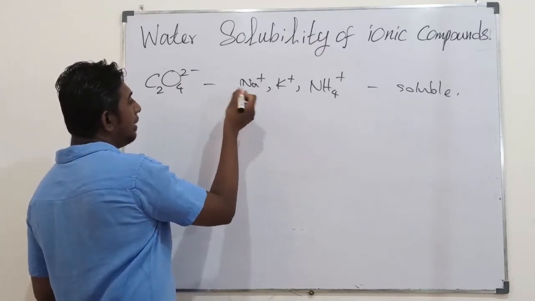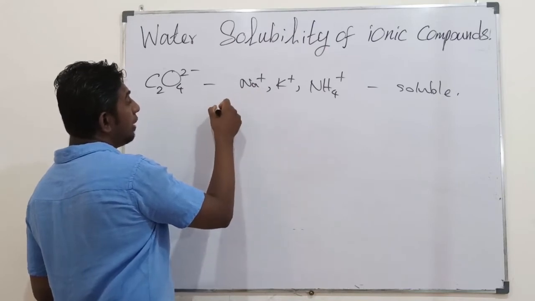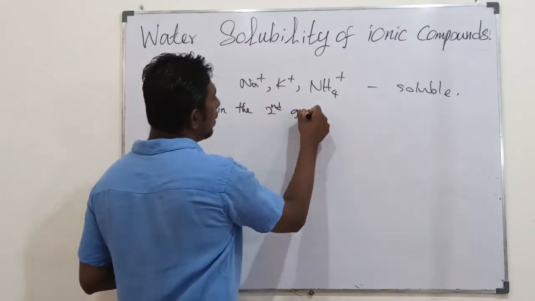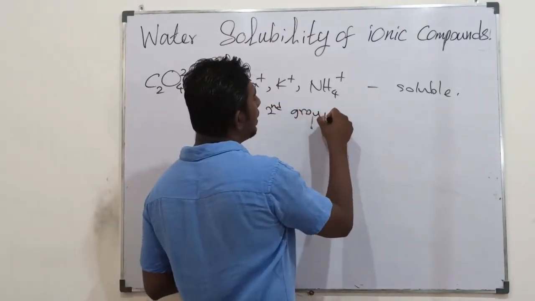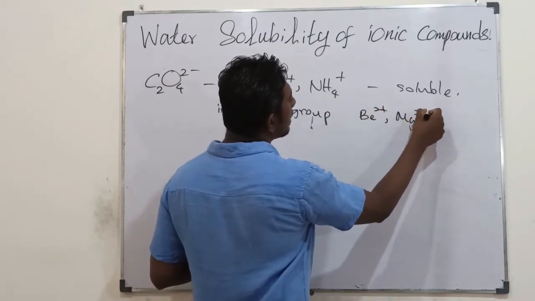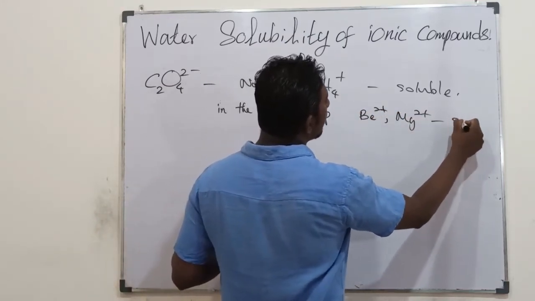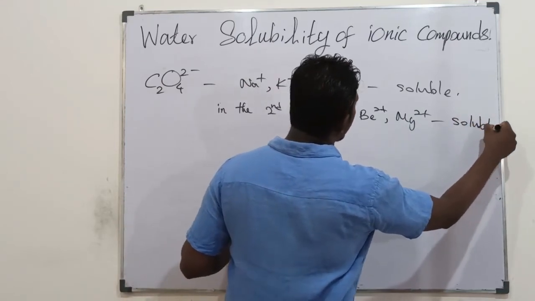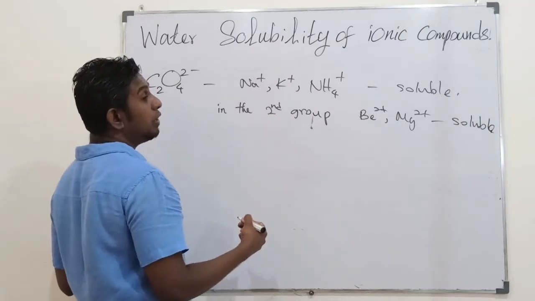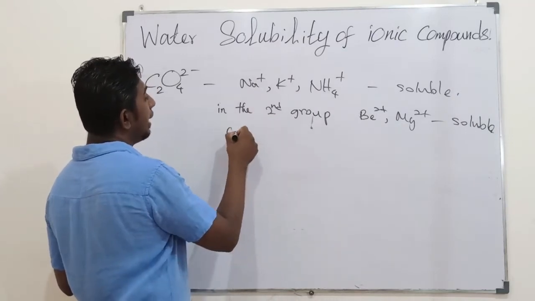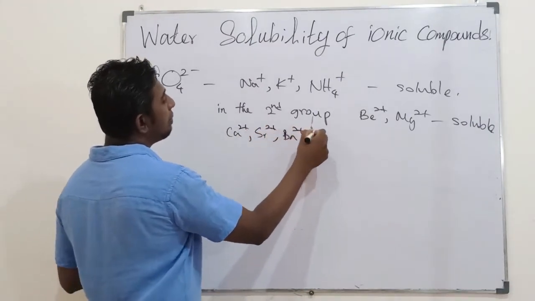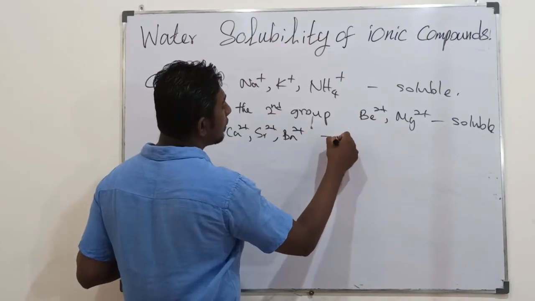Only the top two members, beryllium and magnesium, have soluble oxalates. Then down the second group the water solubility of oxalate decreases, so calcium, strontium and barium are water insoluble oxalates.